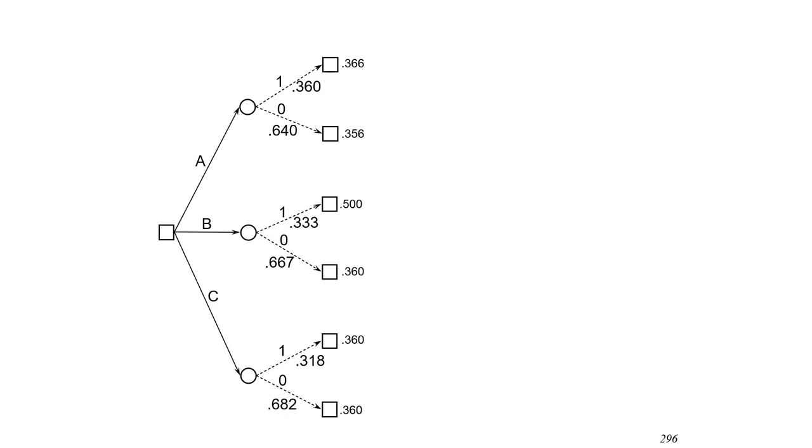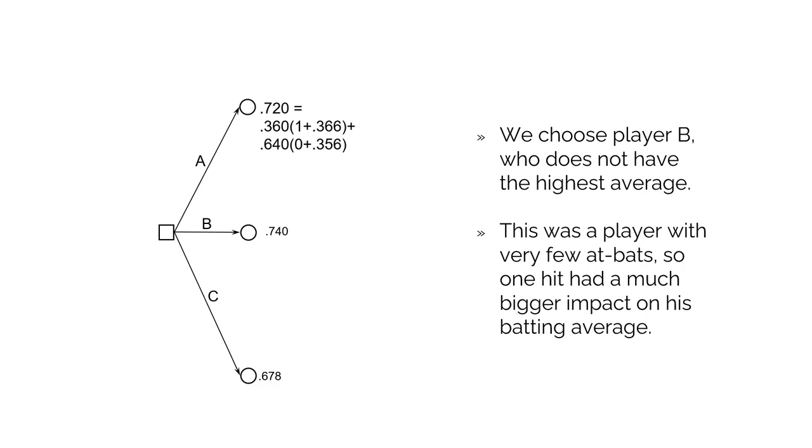One more time, I have these random outcomes, and for batter A, he's going to get a hit with probability 0.36. I'm going to take the weighted average of the two batting averages, and those weights are going to be 0.36 times the outcome of 1 plus 0.366, plus 0.64 times the outcome of 0 plus 0.356. What we're doing is we're maximizing the number of hits. So with probability 0.36, he gets a hit.